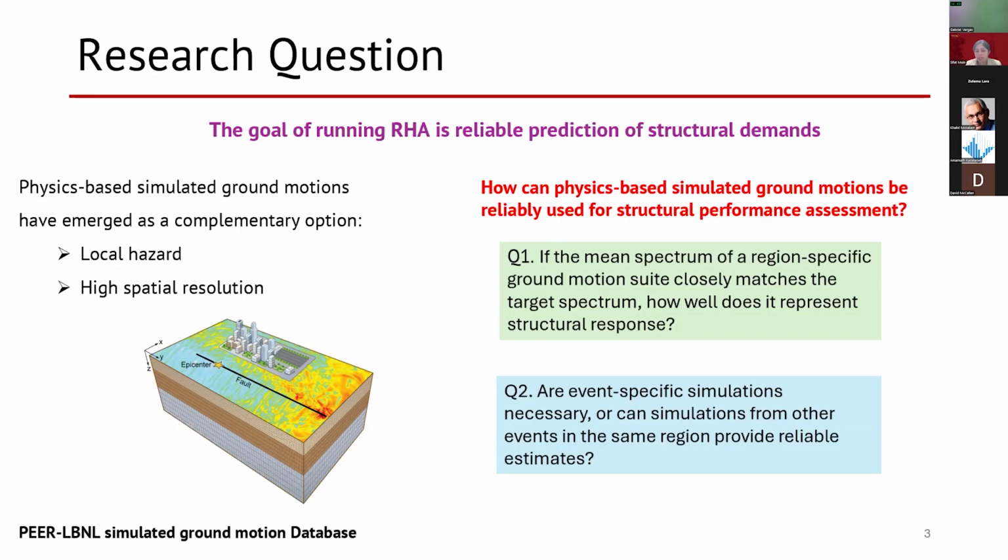And another one is: if we want to get structural responses of a specific event, do we really need to simulate that specific event, or can we use ground motions from another event, but in the same region, to get reliable estimates for that event? So these are the two main questions that we were trying to address in this study.